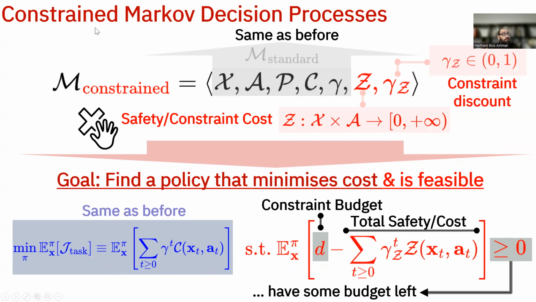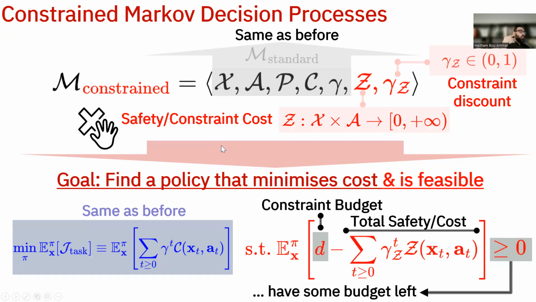So when we talk about a constrained MDP, we would like to find a standard policy, like before, but it also has to be feasible with respect to those budgeted constraints, whereby I still have some budget left in the mistakes that I am making. If we ignore the expectation for a second, you can see that this equation is saying D is bigger than or equal to the sum of those costs, meaning that you still have some budget of mistakes left. So that's the constraint budget left.